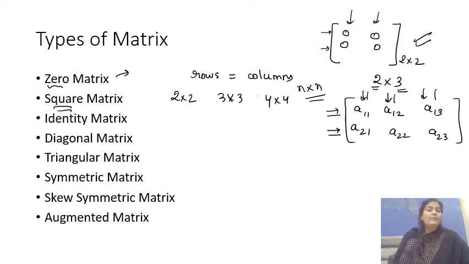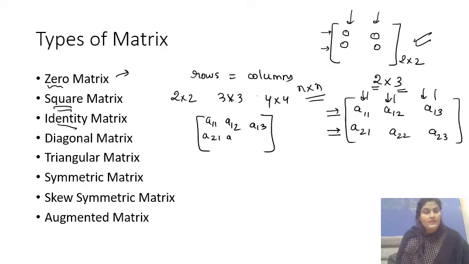Now, if I ask you what is an identity matrix? Let us take an example of a 3 by 3 matrix. I'm writing down the general elements. So this is a 3 by 3 order matrix.